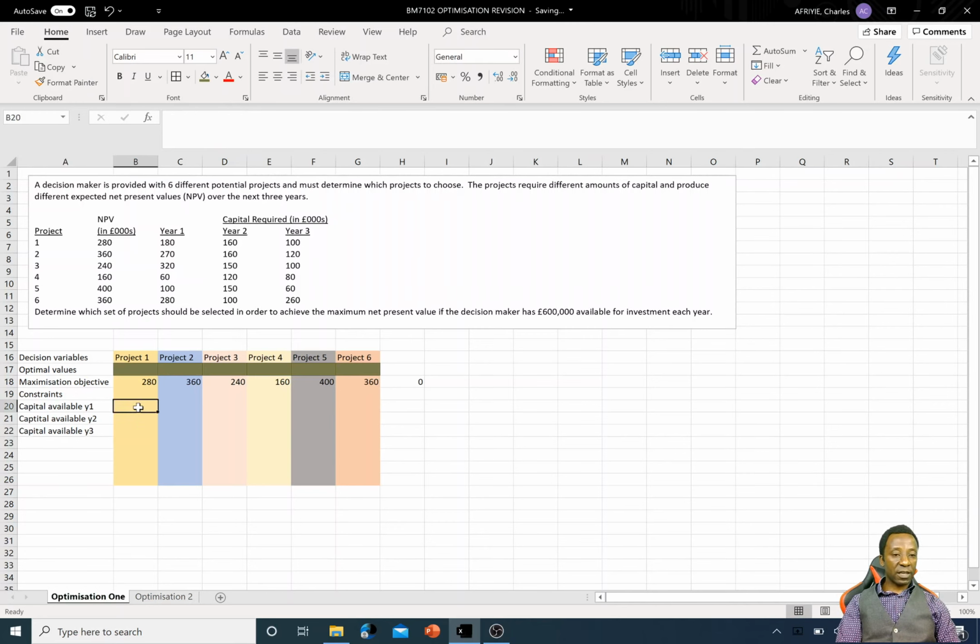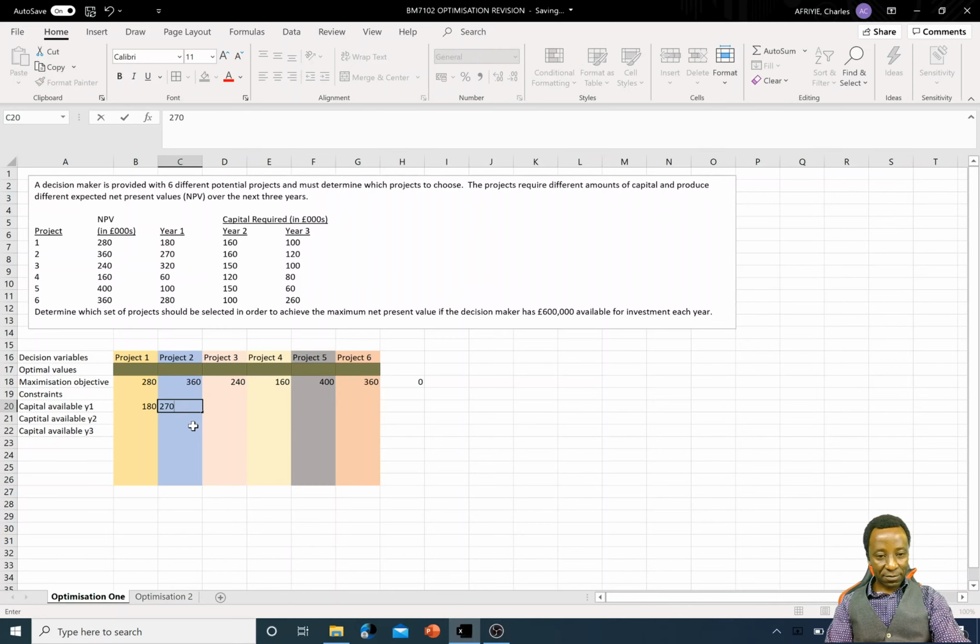So we're just going to state the requirement for each project. So in year 1, we require 180 for project 1, and how much for project 2? 270. How much for project 3? 320.